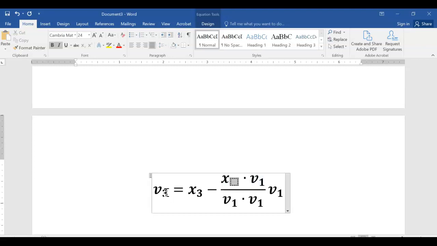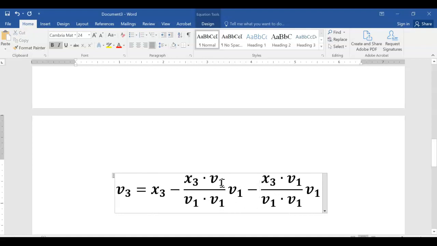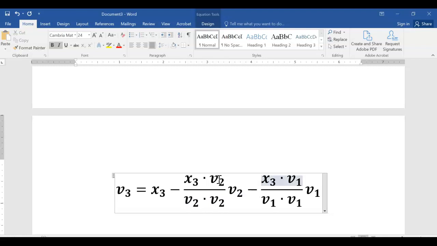I'm going to project X3 onto V1, and I'm going to project X3 onto V2. By the way, I can do this because right now I've forced V1 and V2 to be orthogonal. So this only works because I've forced V1 and V2 to be orthogonal.